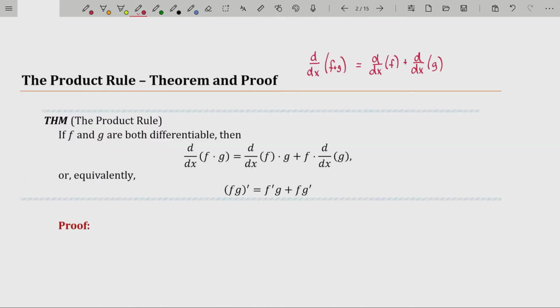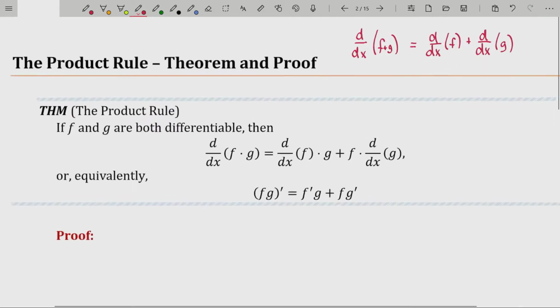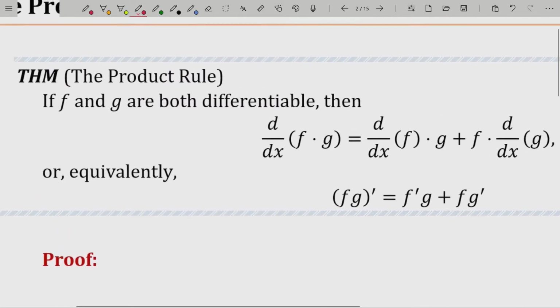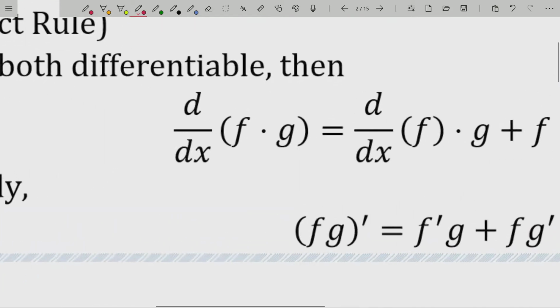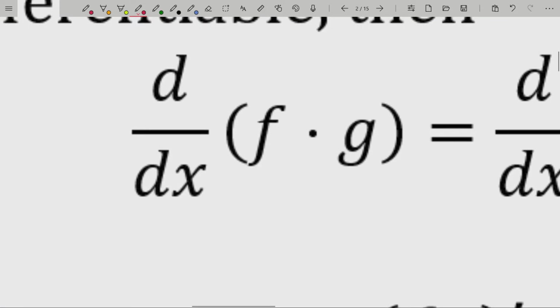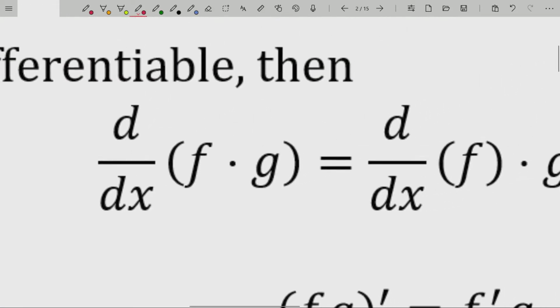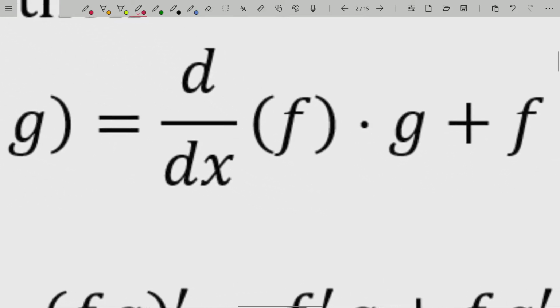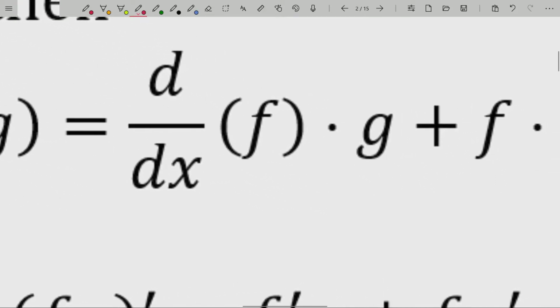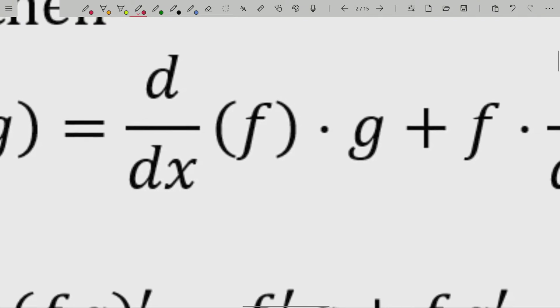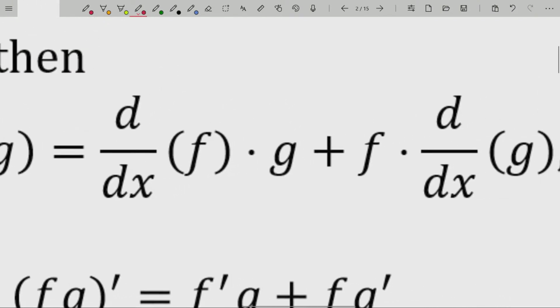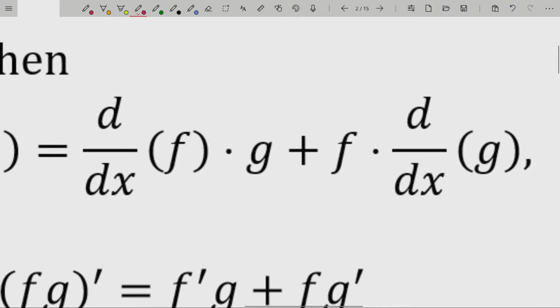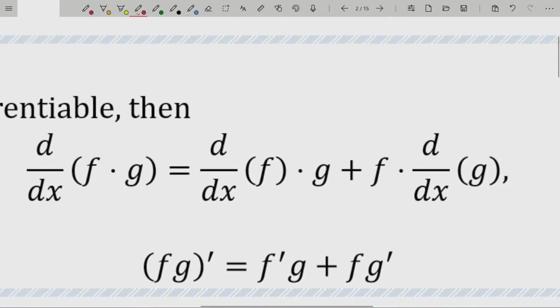So what is the product rule? Well, if you're given a couple functions that are both differentiable, that's key here, they both have to have derivatives that exist, then the derivative of their product is not equal to the product of their derivatives. Instead, it's the derivative of the first function times the second, so the second function you're not taking the derivative of, plus the first function times the derivative of the second.